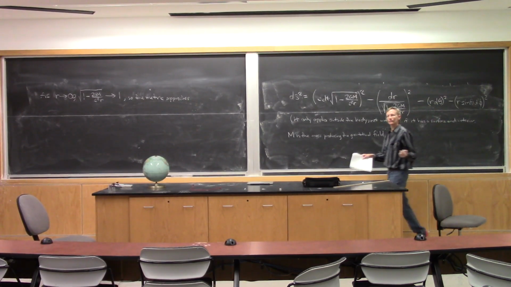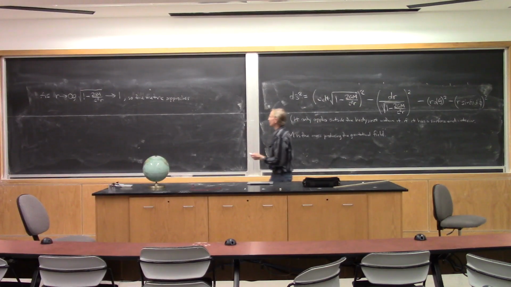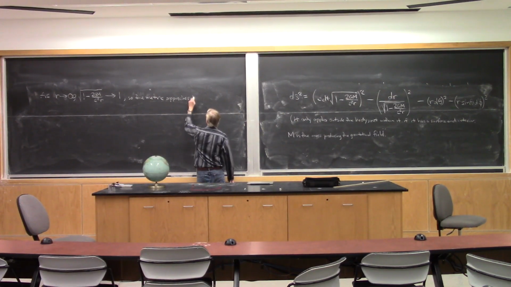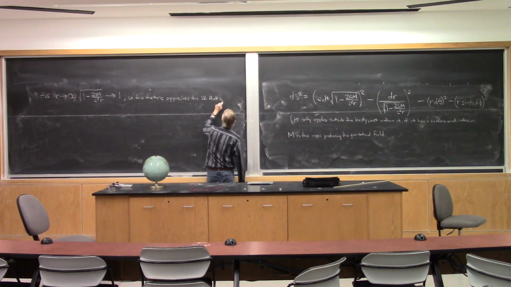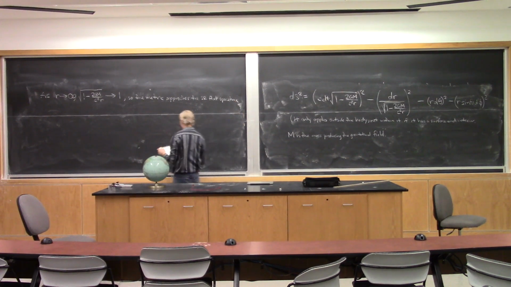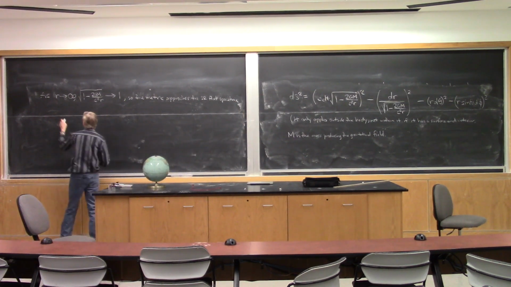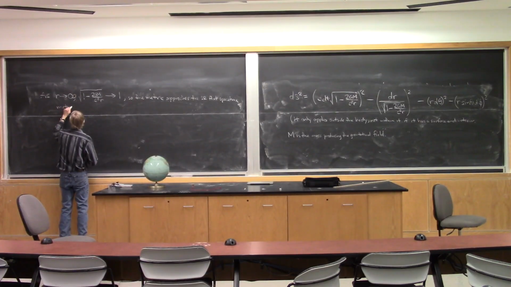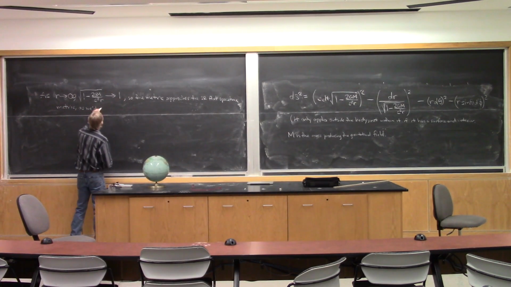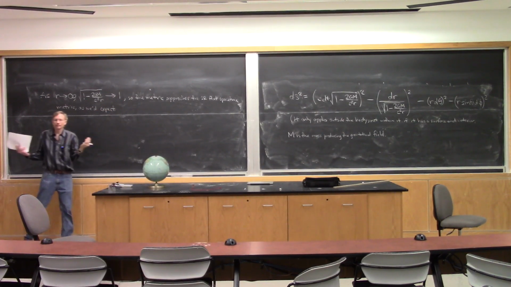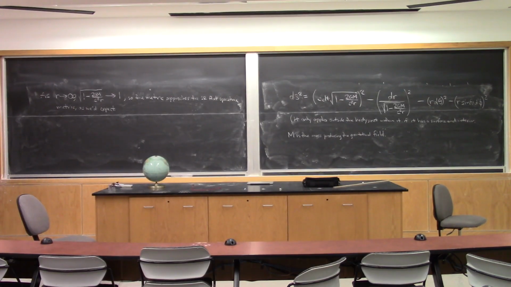So it approaches the SR flat space-time metric, as we'd expect. In other words, if you're very far away, gravity should not be having any significant effect. So you would certainly expect that to happen.